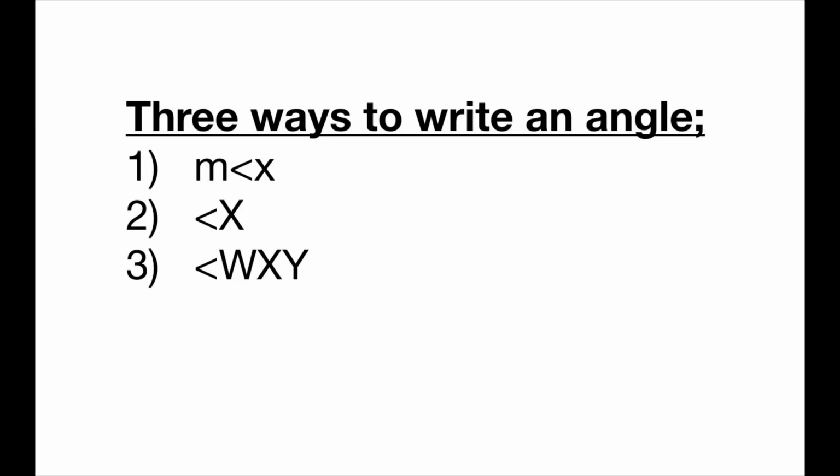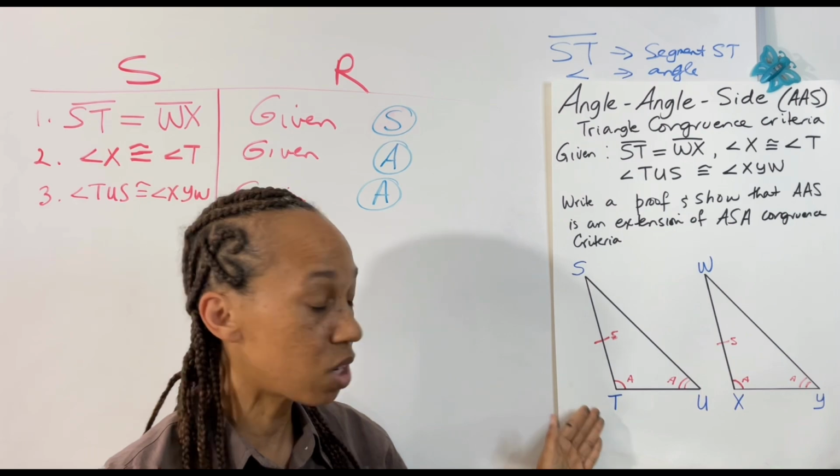3 ways. If it is at a vertex like here for T, you can say angle T by itself, and then you can also use the 3 letters of the alphabet, and the middle letter is going to tell you where that angle is located.